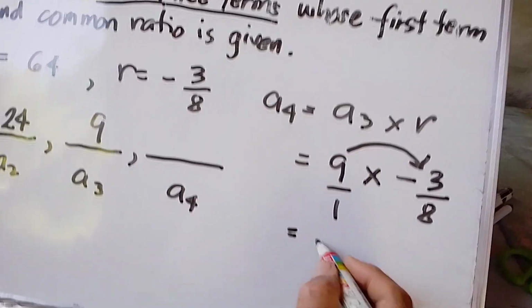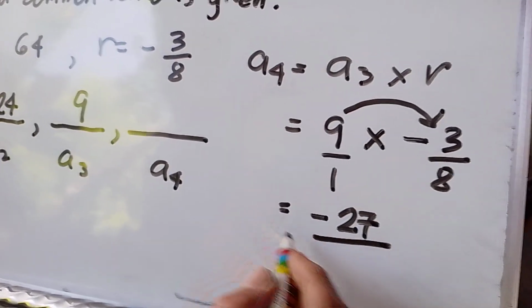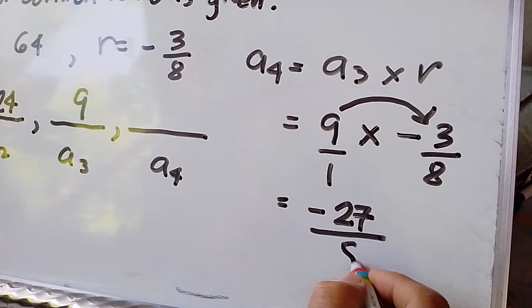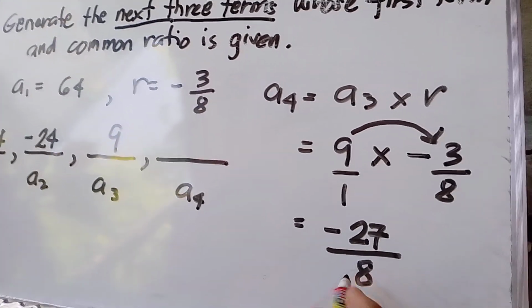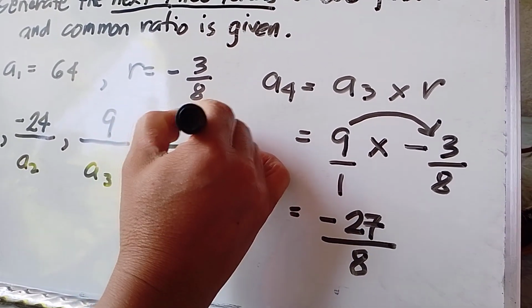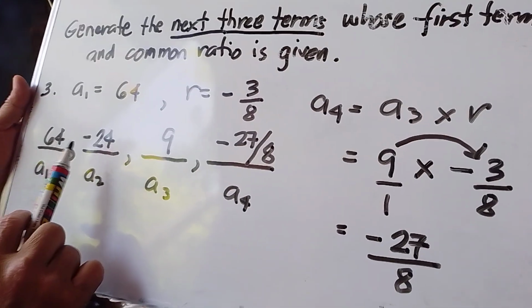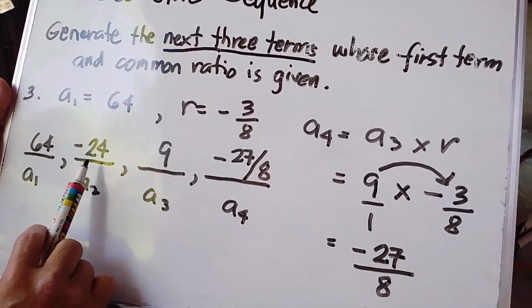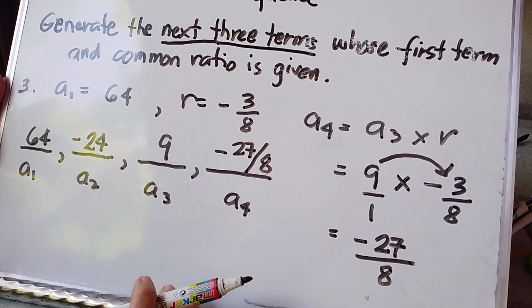So 9 times negative 3 is negative 27. And then 1 times 8 is 8. So since we cannot reduce this one, this is our final answer for a sub 4, which is negative 27 over 8. So we have now our next three terms are negative 24, 9, and negative 27 over 8. That's all.